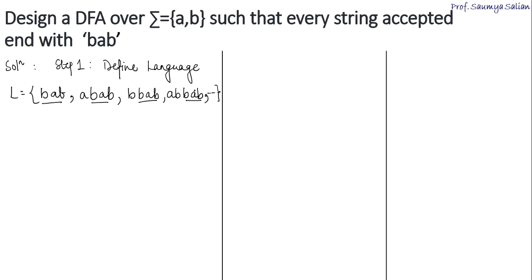Fine. After defining our language, the next step is to construct the DFA. Now how do I proceed? I begin constructing the DFA for the smallest valid string.